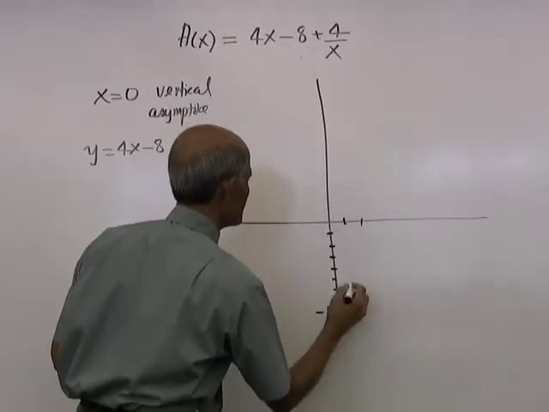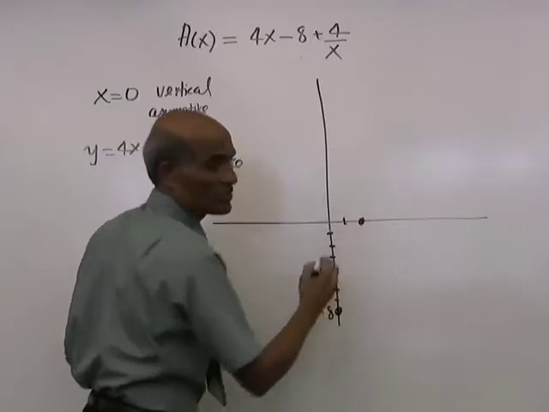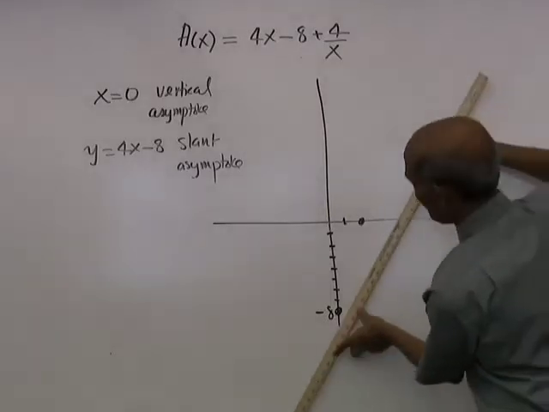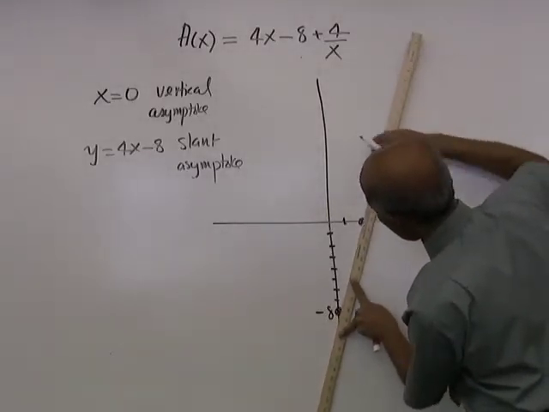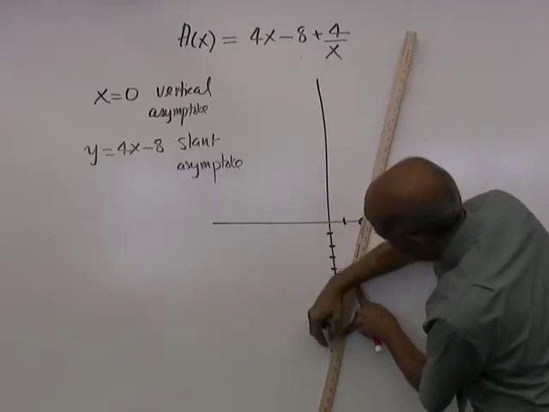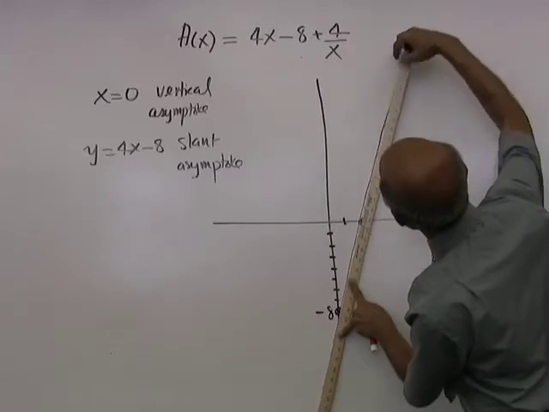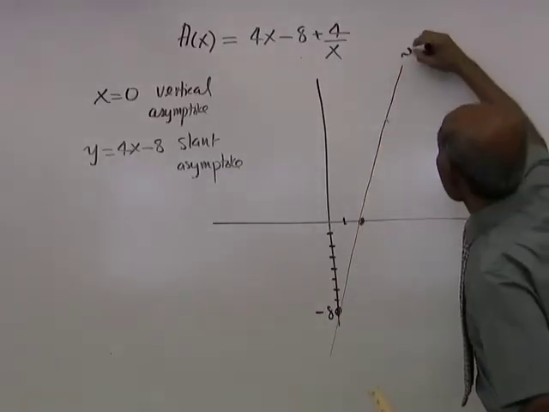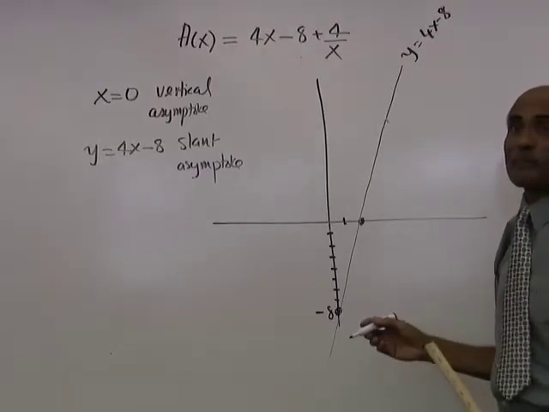That's negative 8. So this is the y-intercept. That is the x-intercept. And so your graph of y equal to 4x minus 8 is now this. My ruler is not standing straight, so I have trouble doing that. That is the graph of y equal to 4x minus 8.